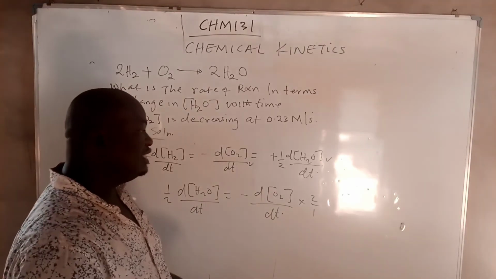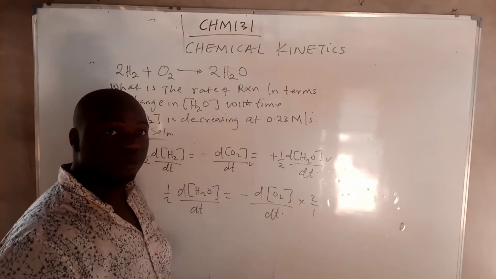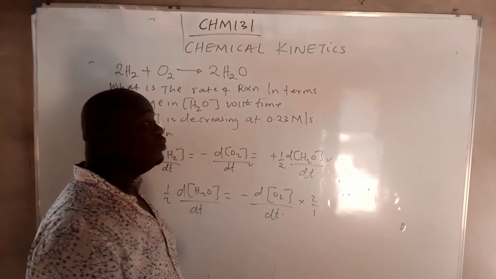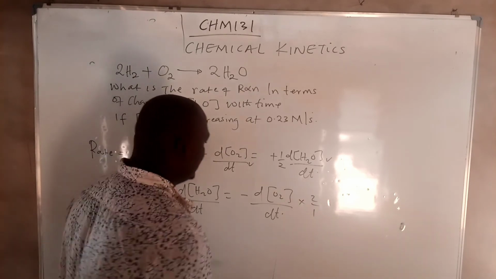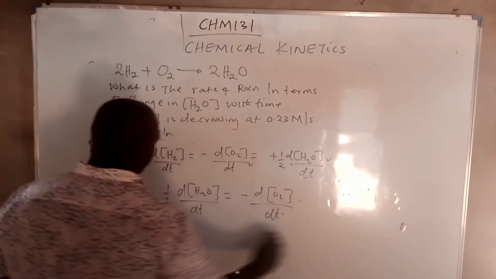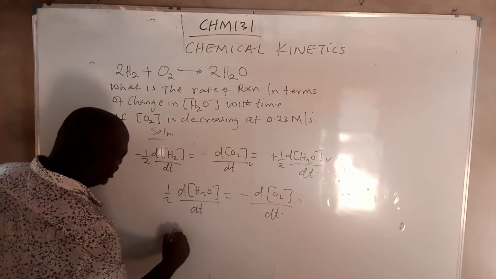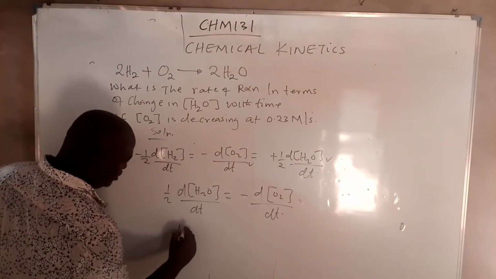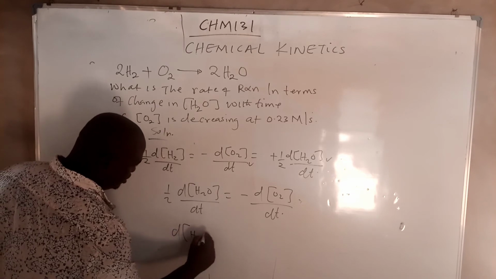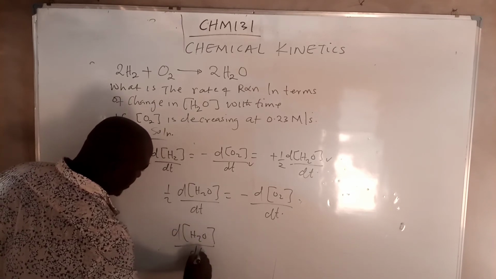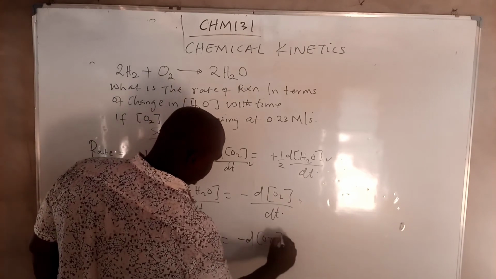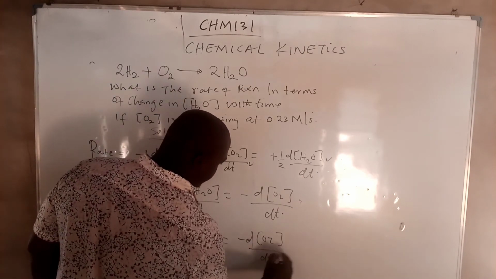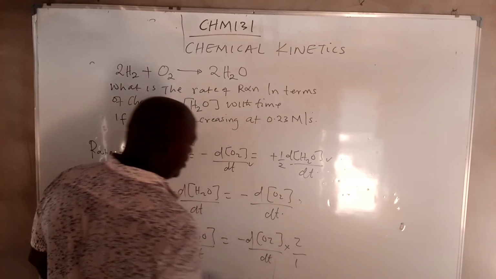As you're understanding it, also understand the shorter method, because like I said, Chem 131 is mostly OBJ or sum. They only want the answer. So from here, if I want to make this the subject of the formula, this will be minus this oxygen over the T times 2 over 1.